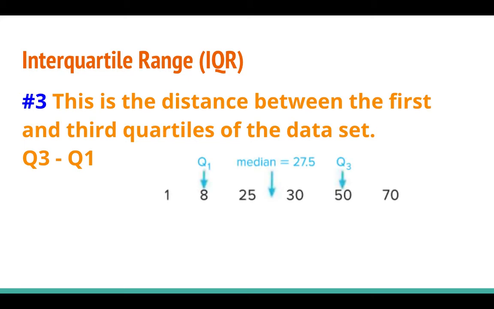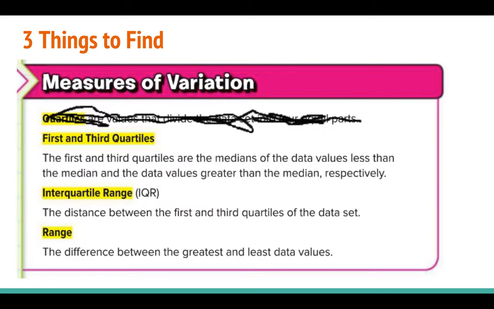Here's that number set we just looked at, and Q3 was 50, Q1 was 8, so the IQR is just 50 minus 8, 42, and you would just label it as IQR is 42.